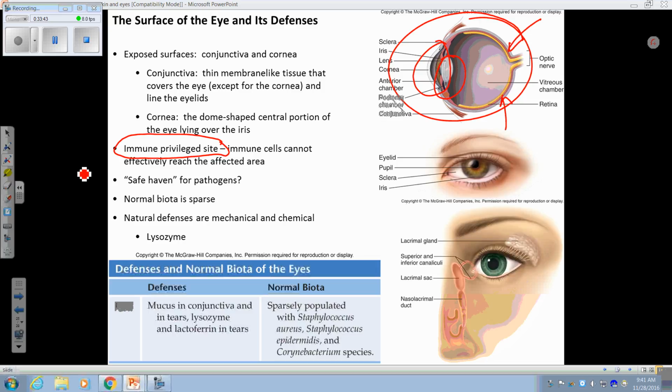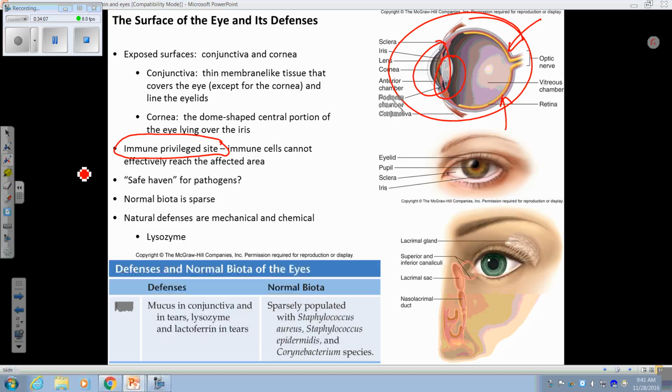But most of the eye is not reached by the blood, which means there are no white blood cells to get there. So it is not under immediate immune surveillance from your cells. Does that make sense? This is a very important feature of an eye.